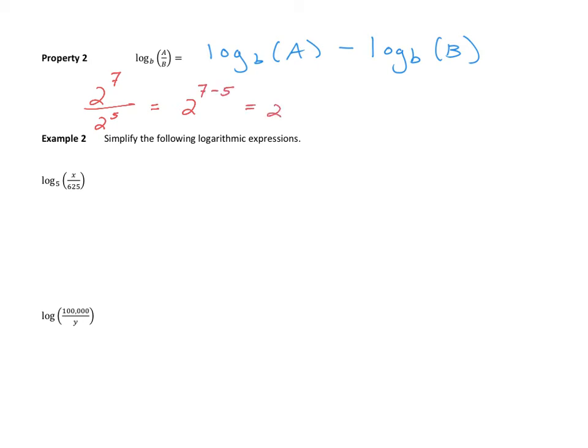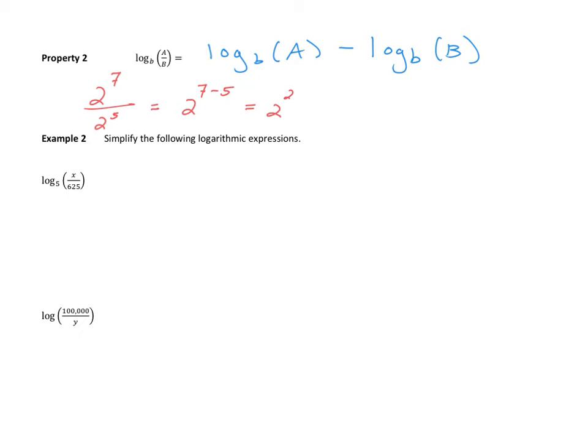And this is the same thing as 2 squared. Subtracting because you're canceling 5 of these factors from 7 of these. 2 are left over. But the thing to take away is, here we're dividing expressions with a like base. Over here, we are subtracting the 2 exponents from each other. The logarithm is essentially the exponent.